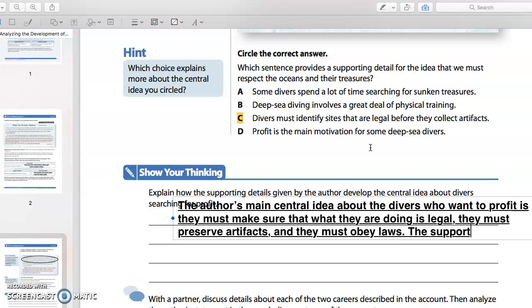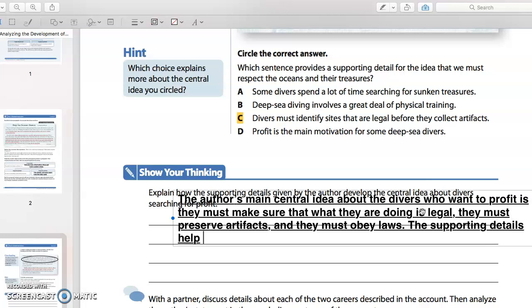The supporting details, right, because it says explain the supporting details and how they develop the central idea. The supporting details help because they list more about how to do this.